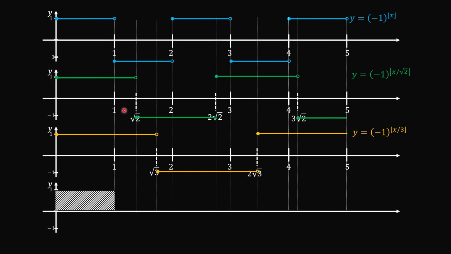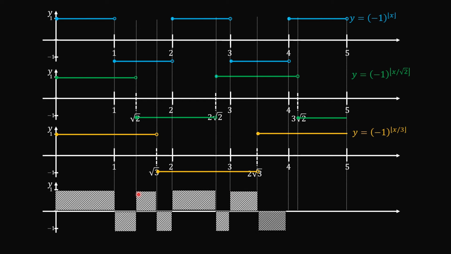And then from 1 to root 2, since y to the power of the floor function of x is negative 1, and the remaining still positive 1, the product results in a negative 1. And in the next section, since we have two negative 1s, the first and the second, and then the third is positive, it will be a positive. And then we continue like that for the rest of the subdomains.